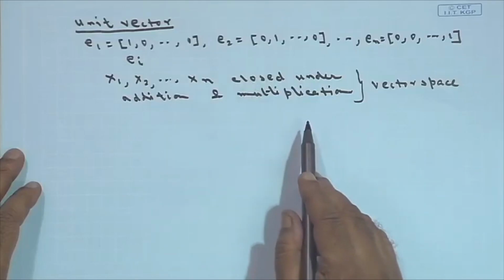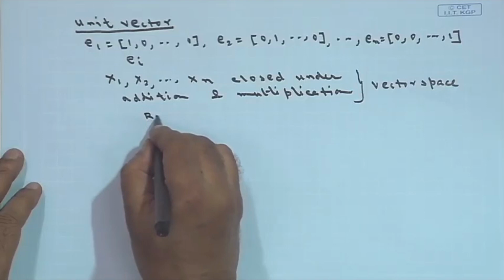In the same way, closed under multiplication means whenever I take any two vectors from the set of n vectors x1, x2, xn and multiply, the resultant vector should also be a member of this set. So, basically closed under addition and multiplication means whenever you perform these two arithmetic operations, the resultant vector also belongs to the set itself.